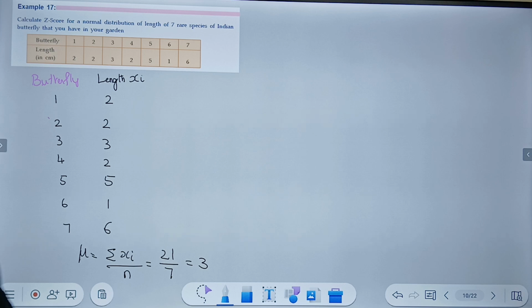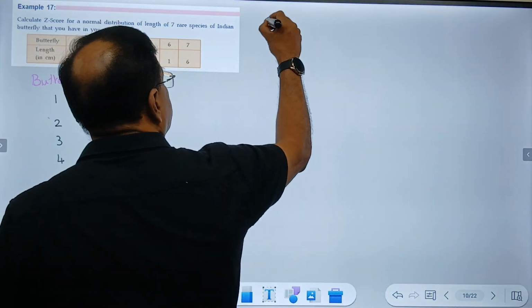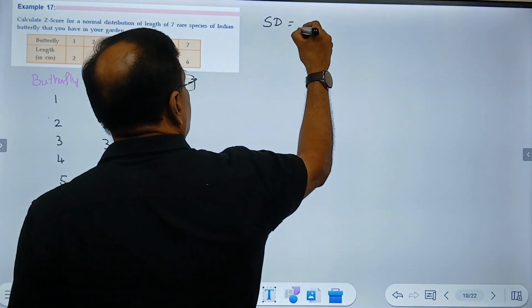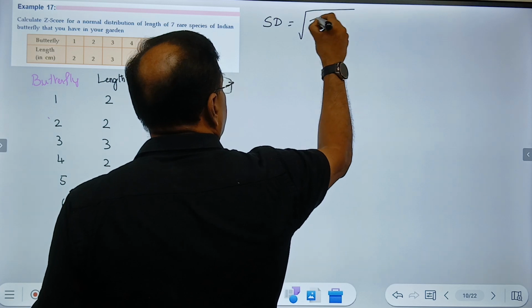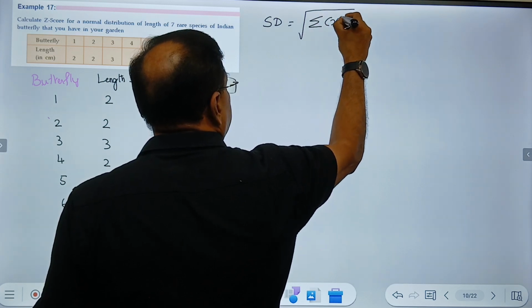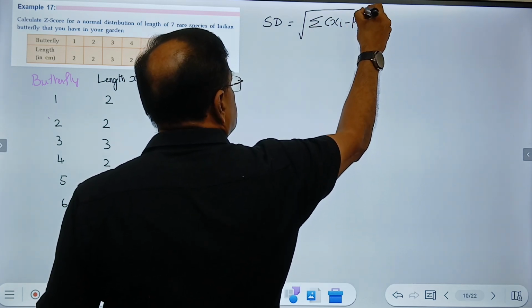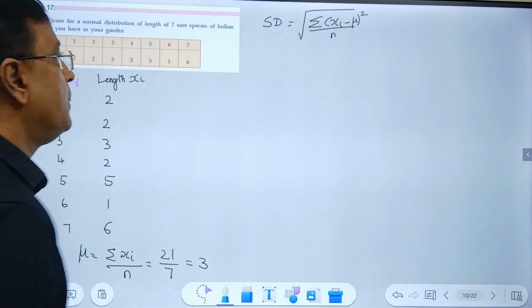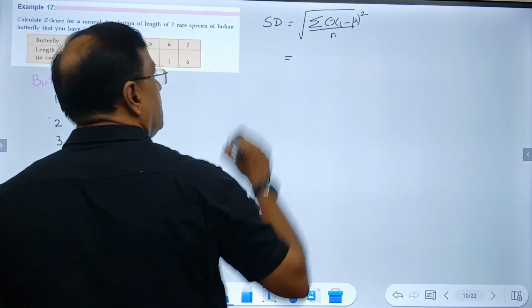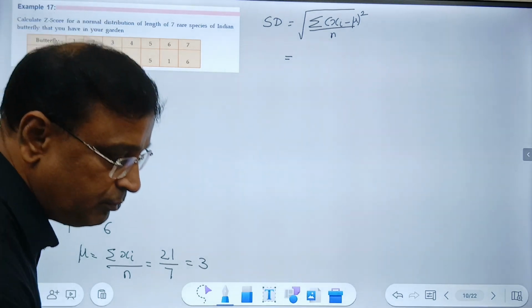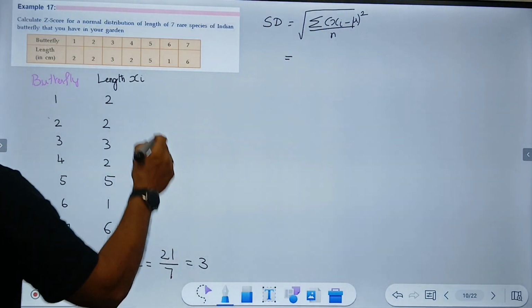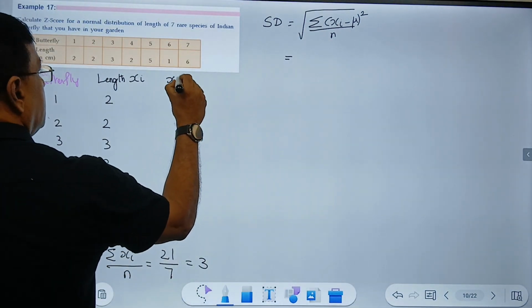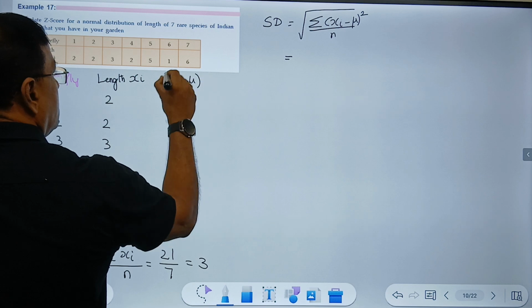Now I need to find the standard deviation. So what is the standard deviation formula? Square root of sigma xi minus mu the whole square by n. You have studied this in class 11th also. This is nothing but xi minus mu, whole square.